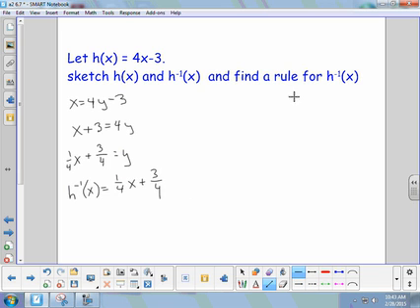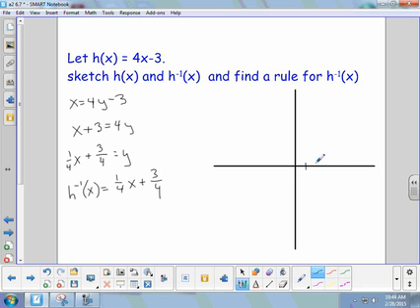Well, let's go ahead and graph that. Let's go ahead and graph our original first. Let's do the original in red. My y-intercept there is -3.